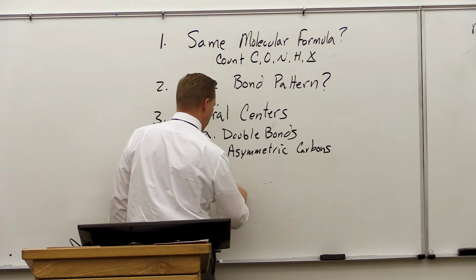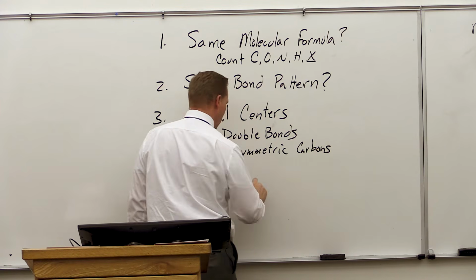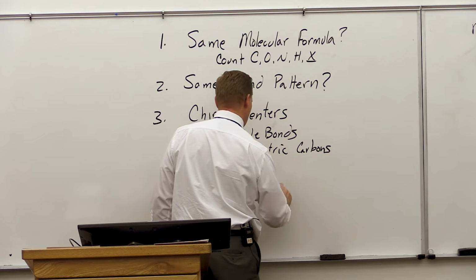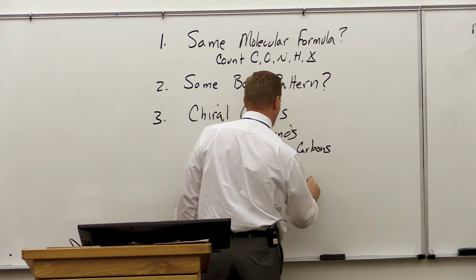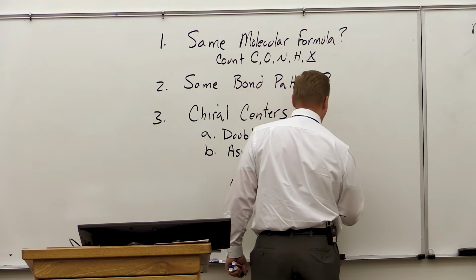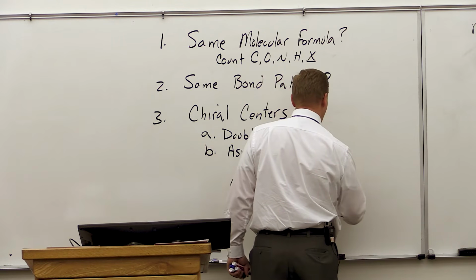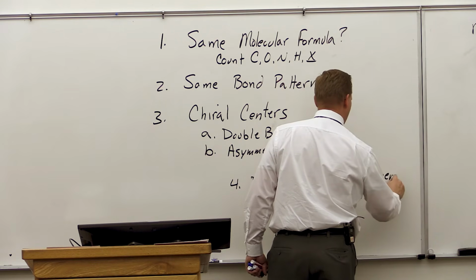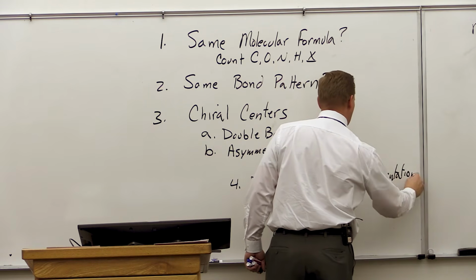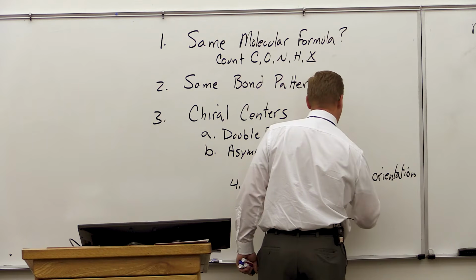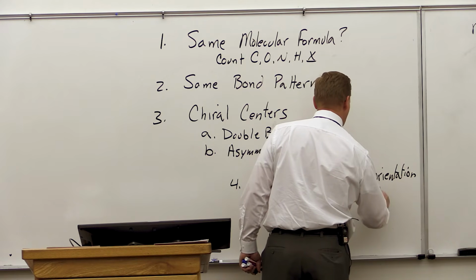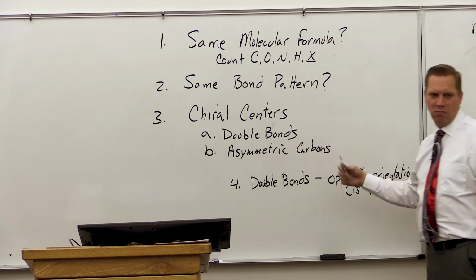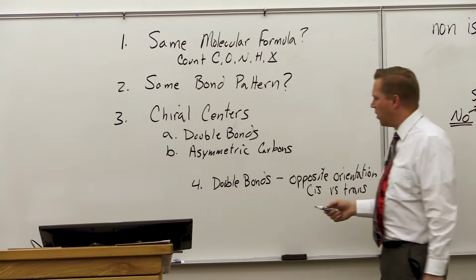In question 4, this applies only to really double bonds. I asked if they were opposite orientations. Meaning, were they cis and trans? And then if they were, then I'd have geometric isomers, and I could stop there.